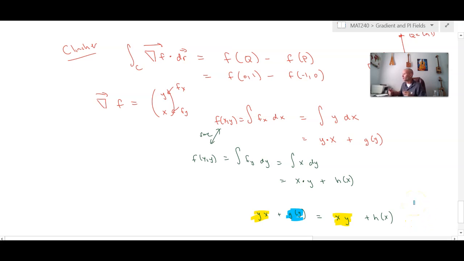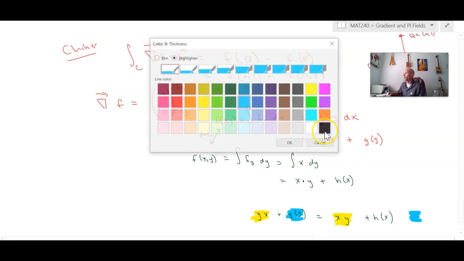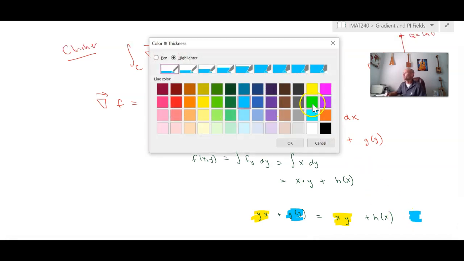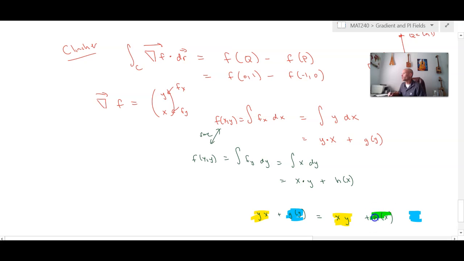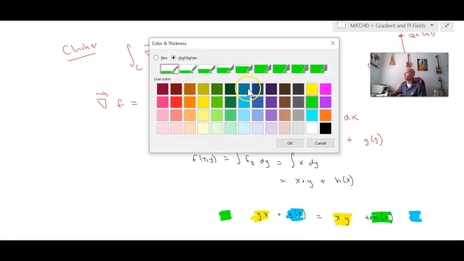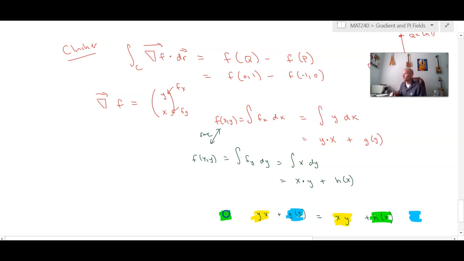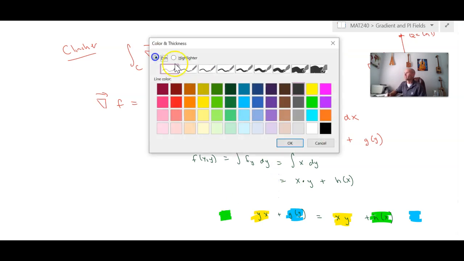So what do we do? Well, you know what? G of y could be 0. So we're just going to say that g of y is 0. And I'll come back and I'll write these in. And then notice that on the right I have an h of x, but on the left I don't have an h of x. Well, guess what? We're going to say that h of x is 0, or some constant number, but for the sake of our problem, it just makes it simpler.